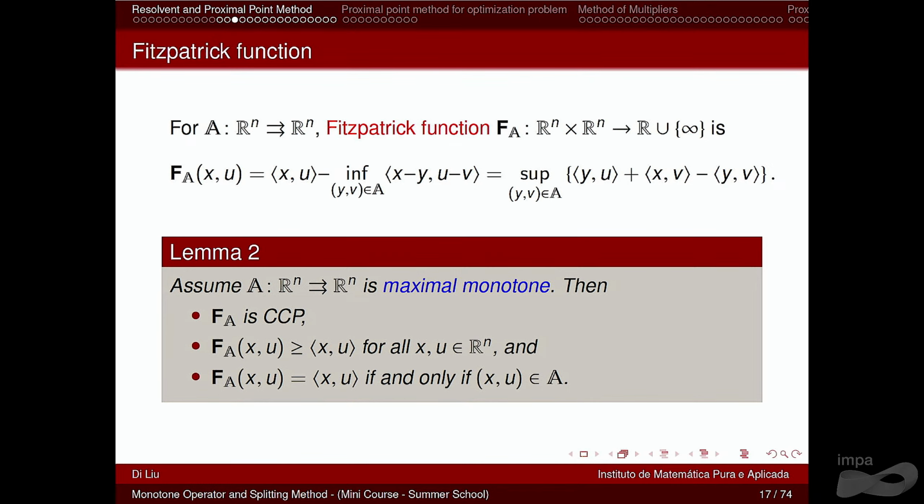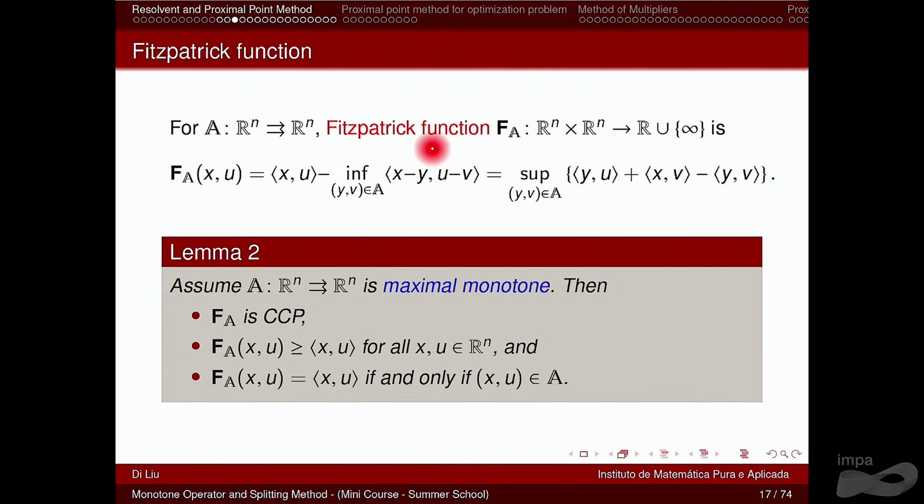We have some properties of these Fitzpatrick functions. If we assume the operator A is maximal monotone, then first, this function is CCP.